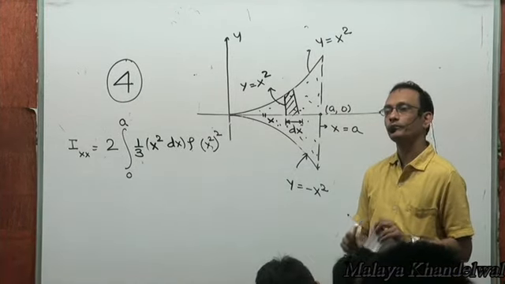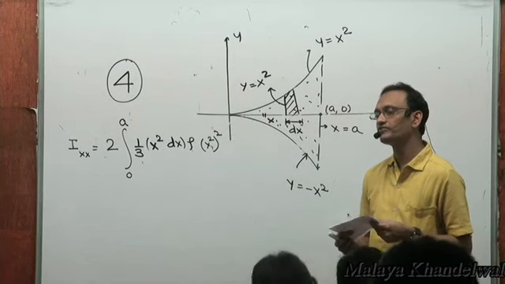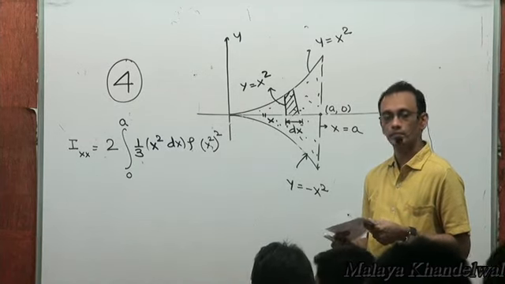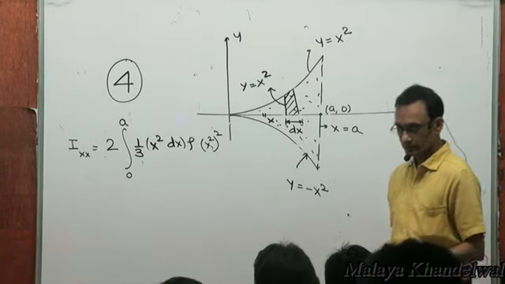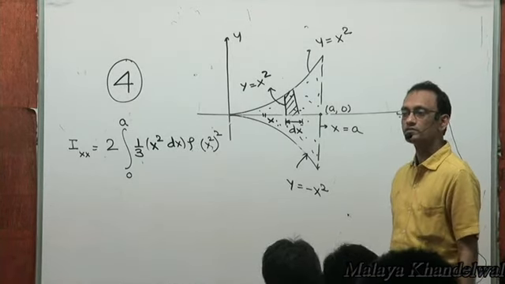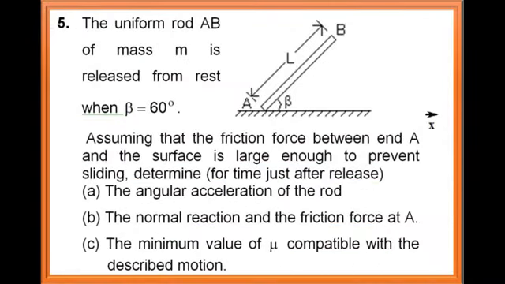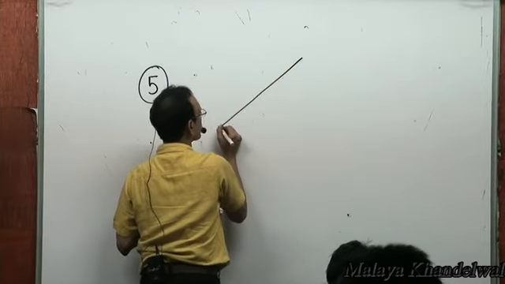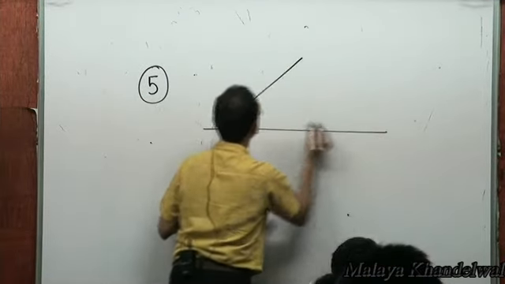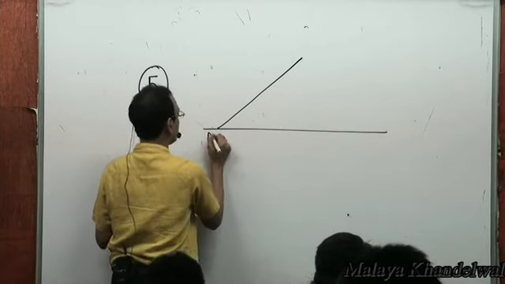Have you looked at the fifth one? Can I wipe this off? So the fifth one is a rod of this kind, a rod AB.